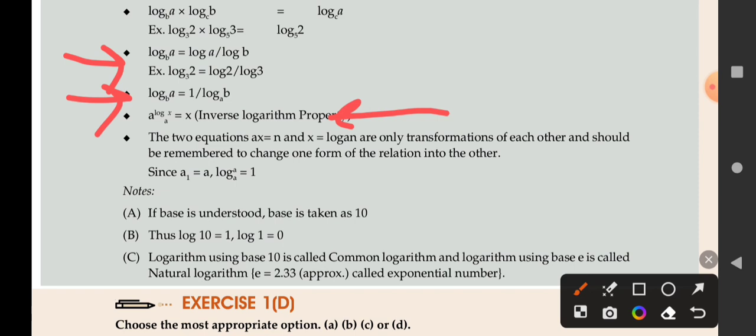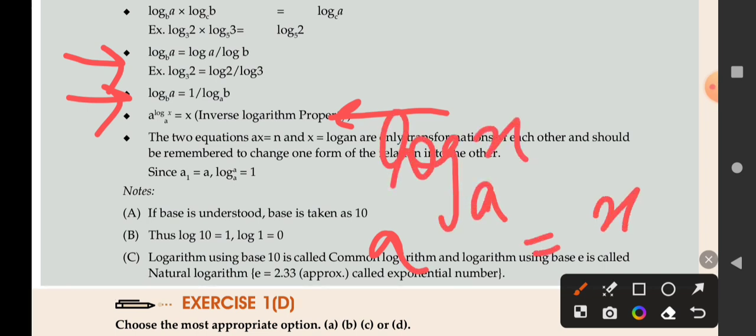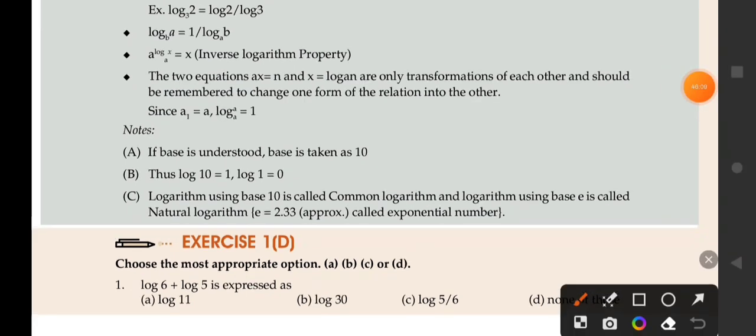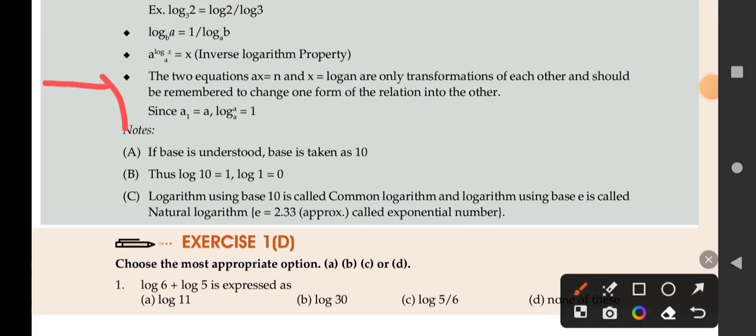Inverse logarithm property. So in a complicated way, you can obviously write a power log x to the base a is equals to x. Sometimes you can get this type of form in the question paper. The next is the two equations a^x is equals to n and x is log n to the base a, are only transformations of each other, like we have seen.